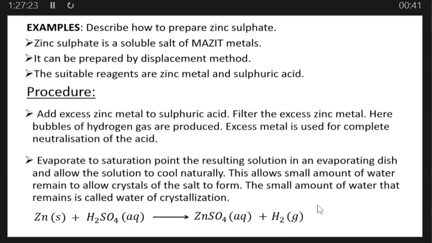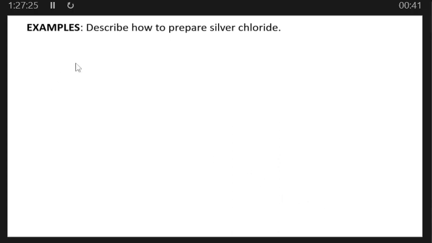So let's look at another example here where they are saying describe how to prepare silver chloride. All right, so now silver chloride, remember when we talked of chloride salts, we said all chloride salts are soluble except the sour chlor, where we said these are silver chloride and lead chloride.